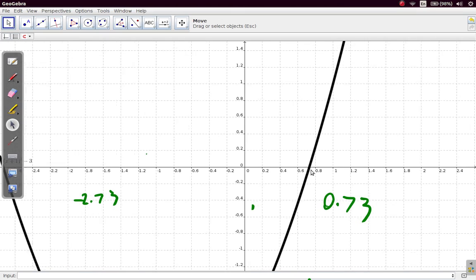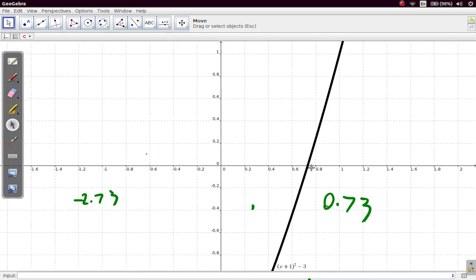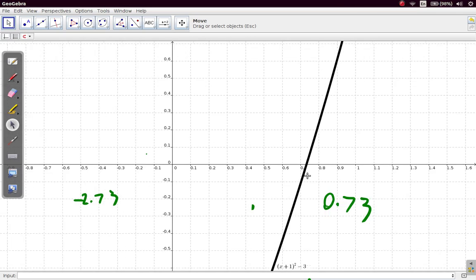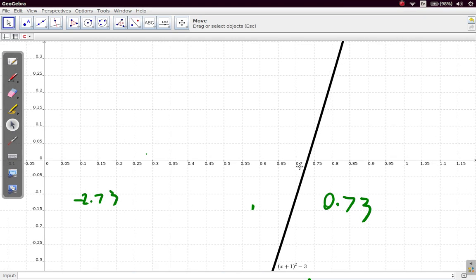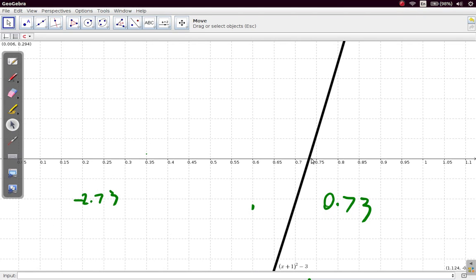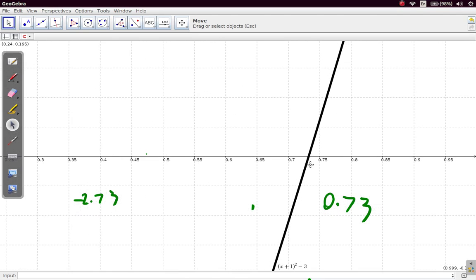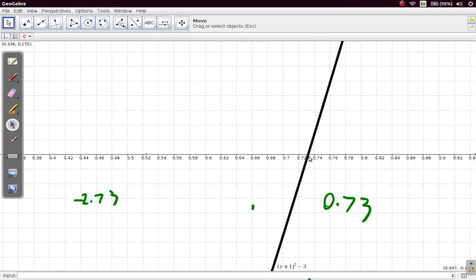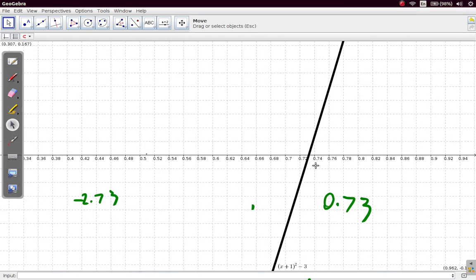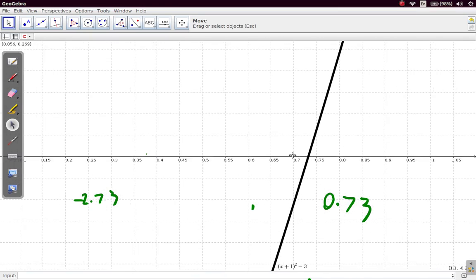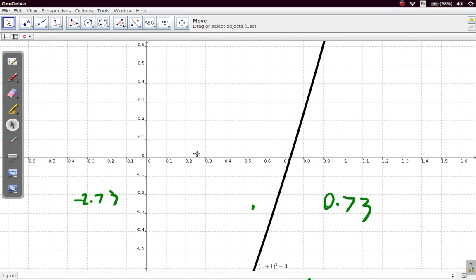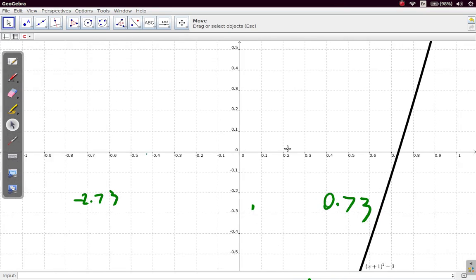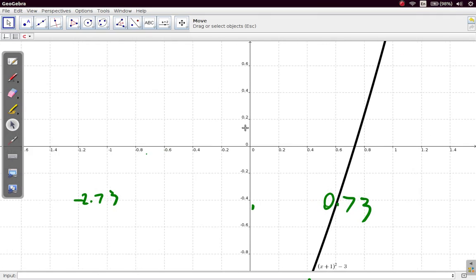This should be 0.73. Let's zoom in. So we have 0.7 and 0.73 it should be. Okay, a little more than 0.72 and something. Good. So we do have that graph there, just the way we said it would have been. All right.